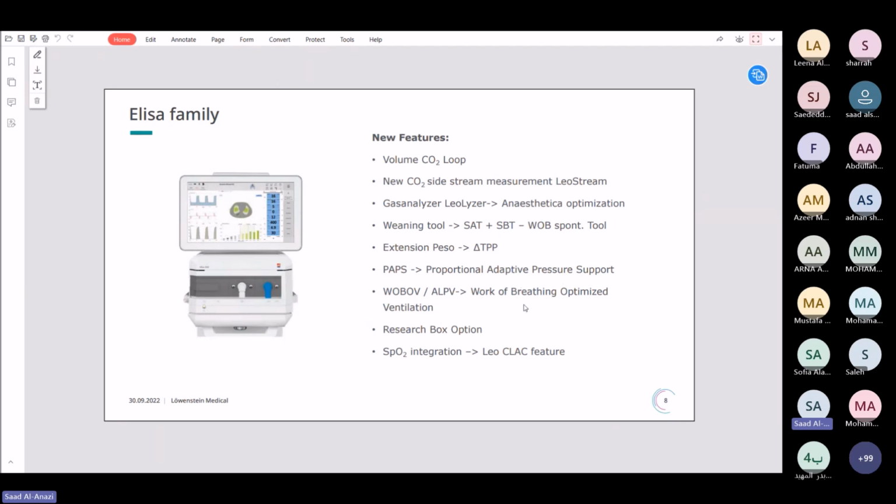We have work of breathing optimized ventilation. We have also SpO2 integration with the Leo clock. All these features we will explain in the next slide.